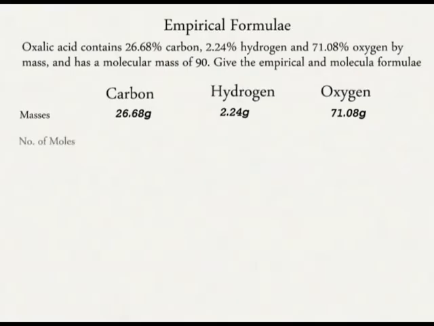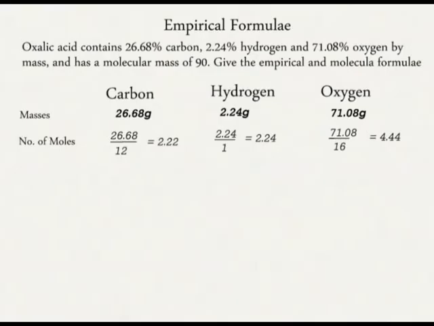Convert the mass to moles by dividing by the respective relative atomic masses. Carbon, 26.68 over 12 will give us 2.22. Hydrogen, 2.24 grams over 1 will give us 2.24 moles. Oxygen, 71.08 divided by 16 will give us 4.44 moles.